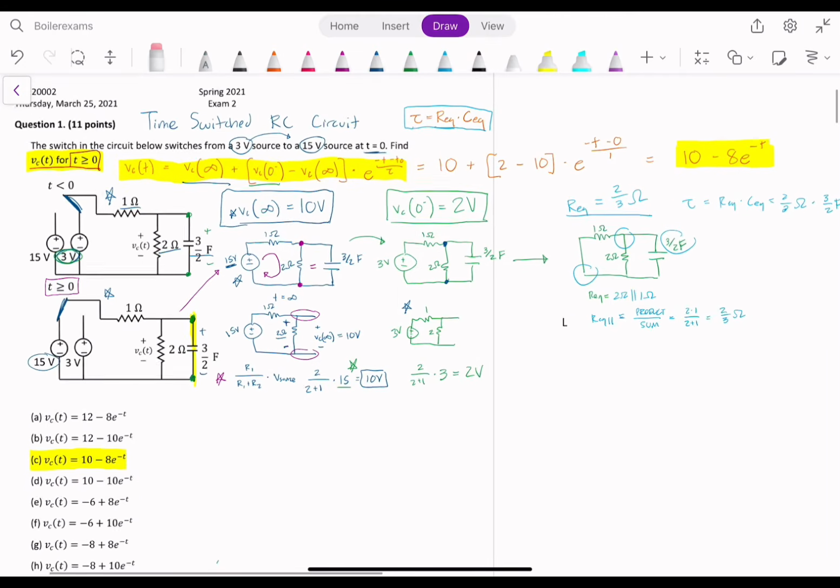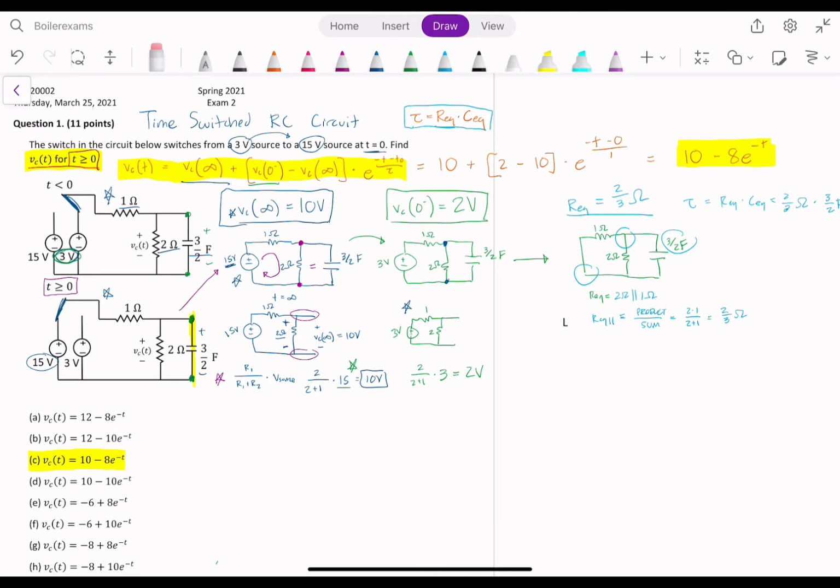From that, all we need to do is find the unknown values. We found V sub c of infinity by modeling how the circuit will behave after the switch occurs, by knowing our basic DC characteristics of a capacitor, and then we did voltage division because no current was flowing through the capacitor at time equal to infinity.